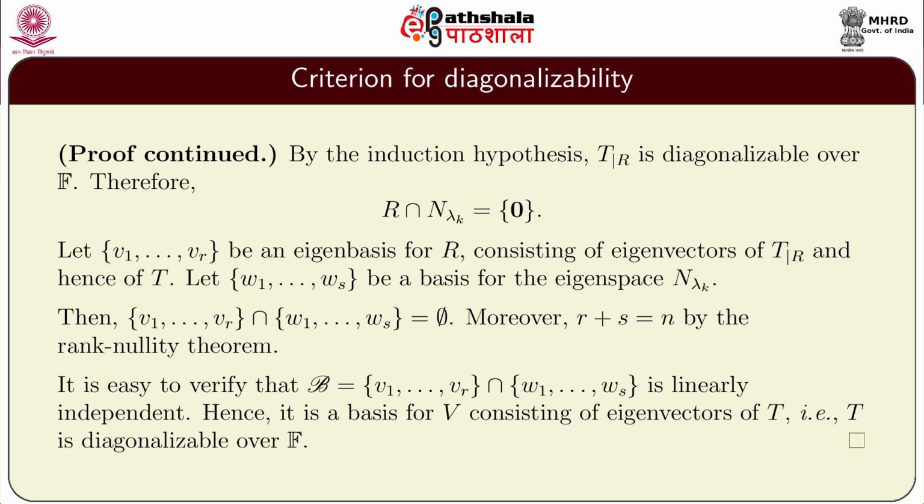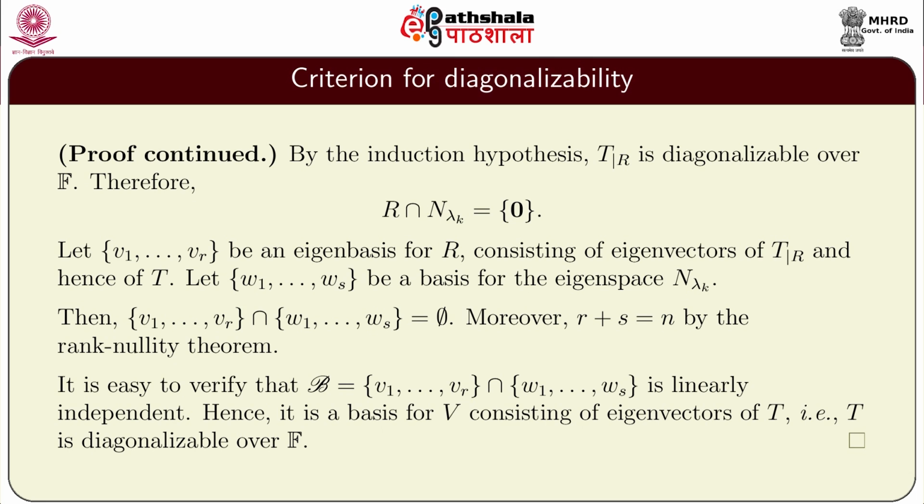Then the intersection of these two bases v1, ..., vr and w1, ..., ws is empty, and the total number of vectors that we have is r plus s, which is equal to n, that is by the rank nullity theorem.